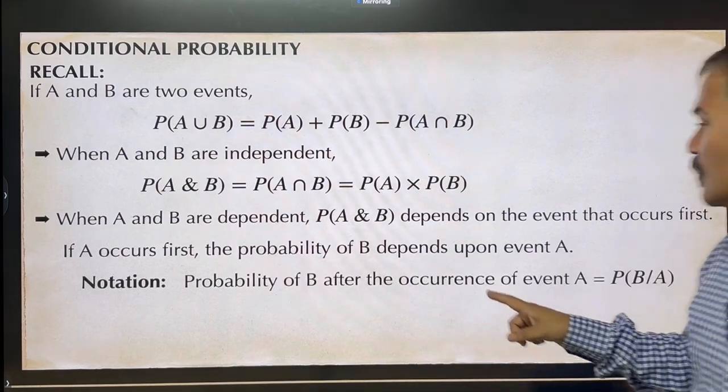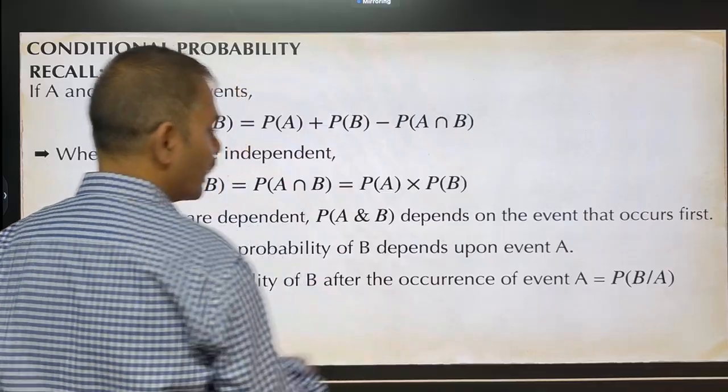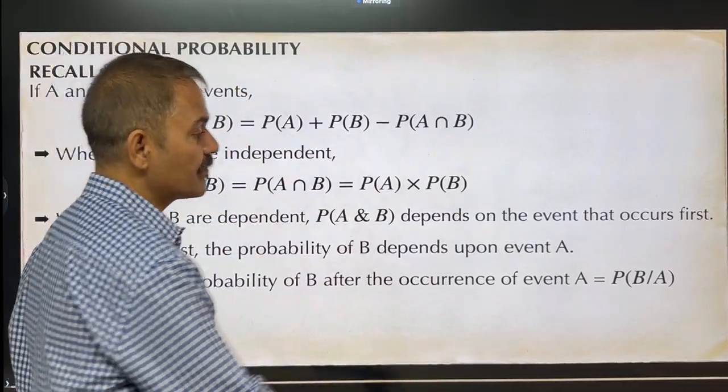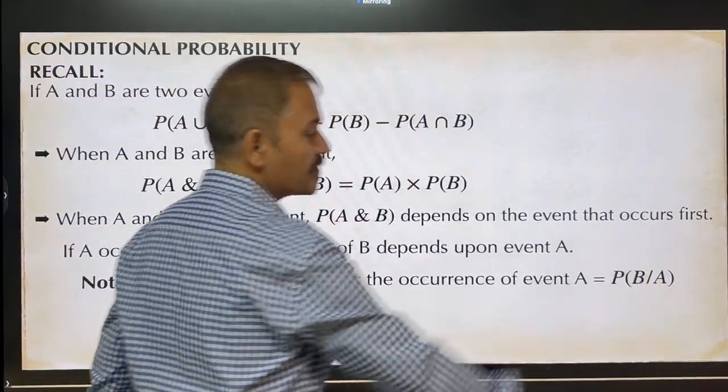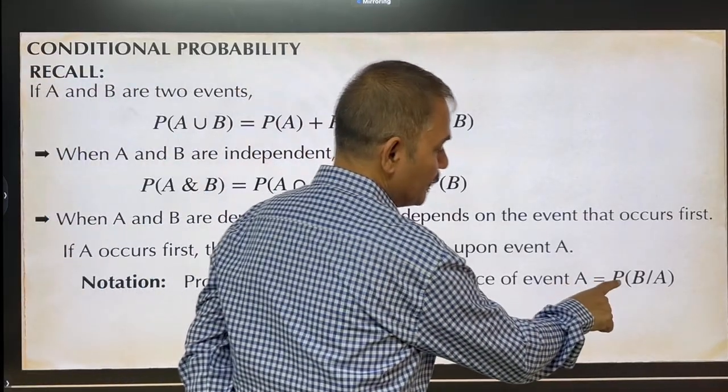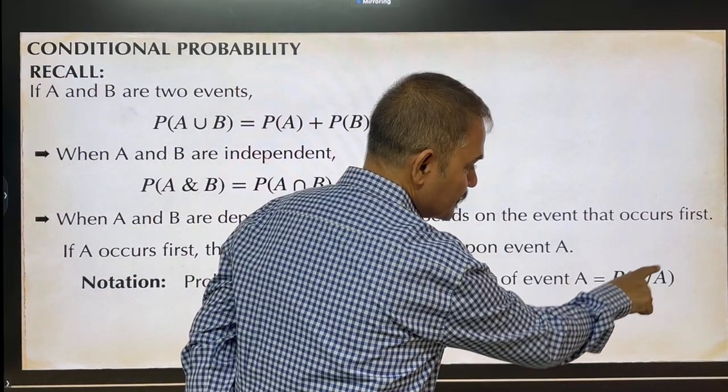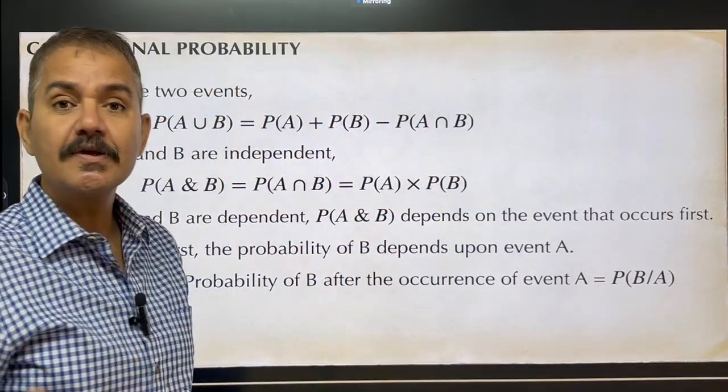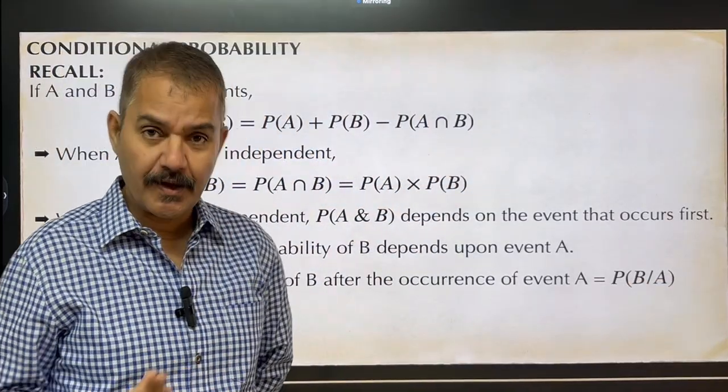We write the probability of B after the occurrence of event A as P(B/A). So this is basically the probability of B, and this slash A shows that B depends upon A.